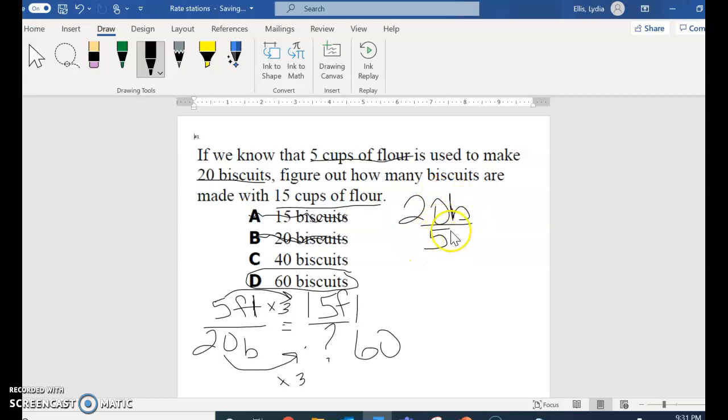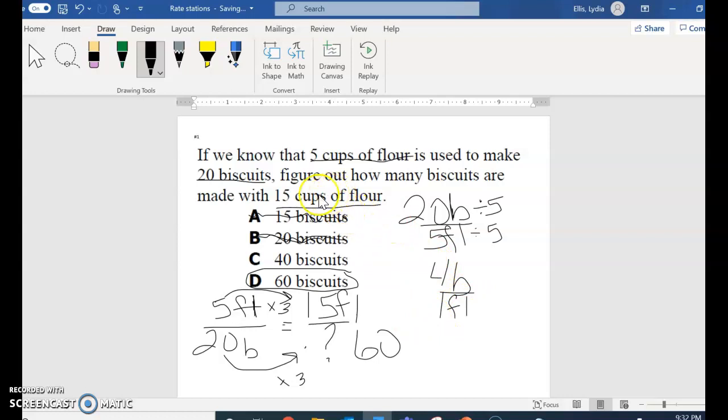If I simplify that, or find my unit rate, dividing by 5, I get 4 biscuits for every 1 cup of flour. Sorry, per is for unit rate.